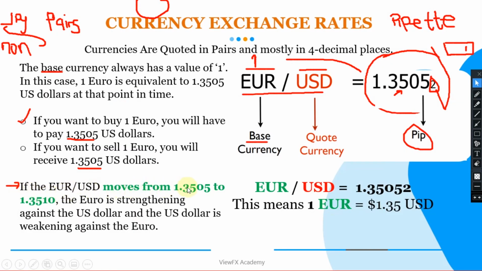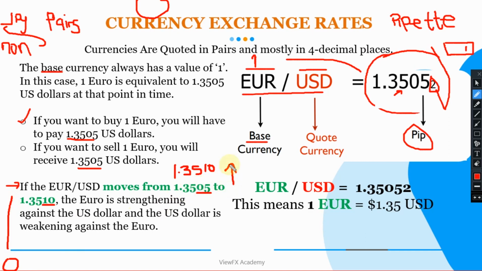If Euro USD moves from this 3505 to 3510, what's the difference between 05 and 10? The euro is strengthening against the US dollar, and the US dollar is weakening against the euro. That is what it means. Now pay attention here. Euro USD moves from this to this. So this is an upward movement because from the chart we just saw, the calibration starts from 0 upwards.